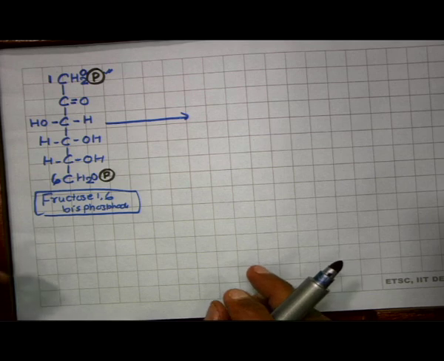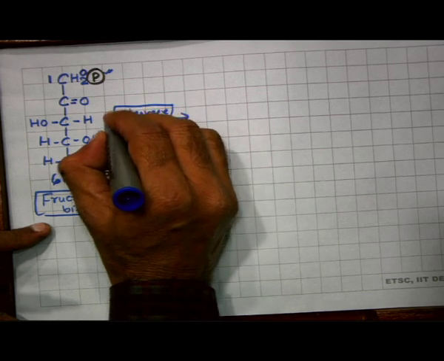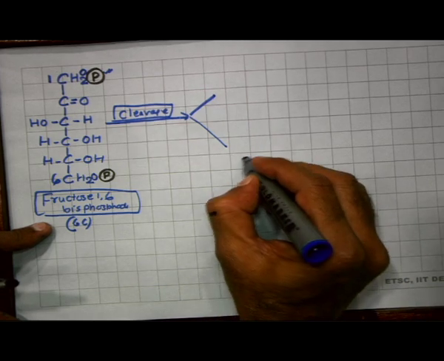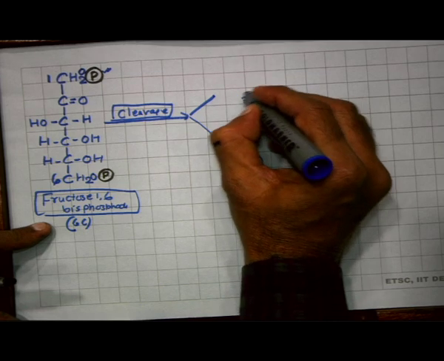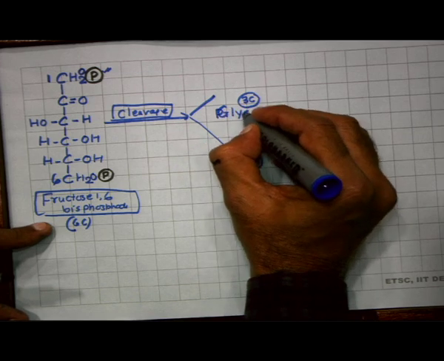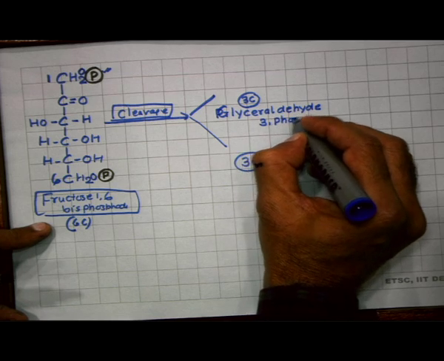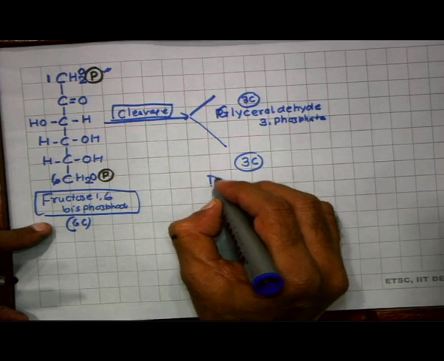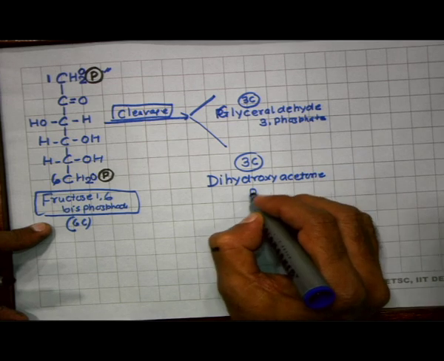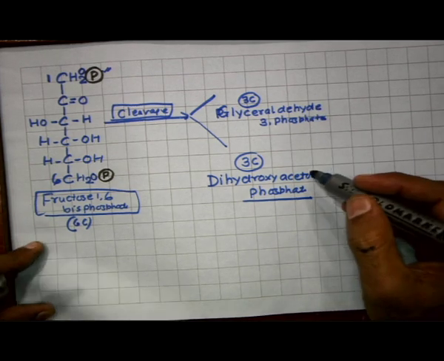Now, I have already discussed that the next step is cleavage. Cleavage means breakdown. Here the 6 carbon molecule is going to break down into 2 molecules of 3 carbons each, that is, glyceraldehyde 3 phosphate and dihydroxyacetone phosphate.